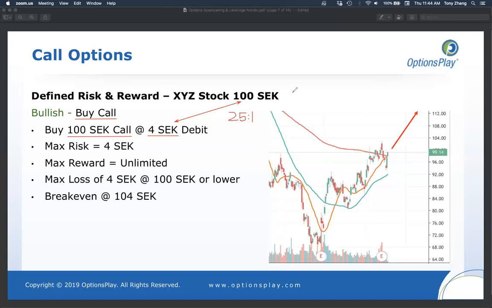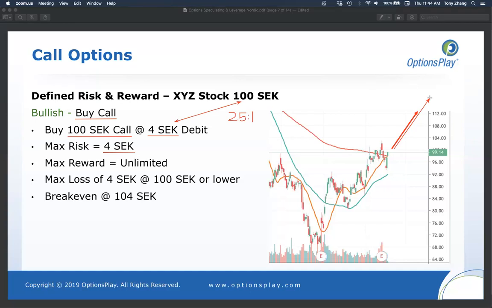Now, the best part about an option is that even if I'm wrong on this trade, I have a max risk of only 4 crowns, because whatever you pay for that call option, that's the most you can lose. While if I am correct on the direction of the stock and the stock rises, the further that stock rises, the more money I make.